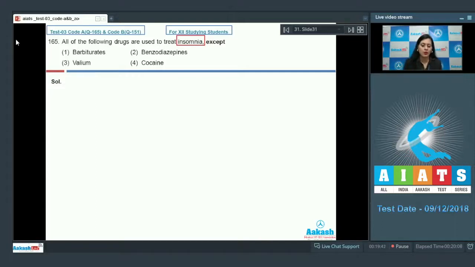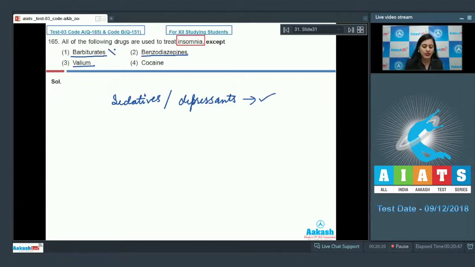And among the given options, barbiturates, benzodiazepines and Valium, these are the drugs which are used as sedatives or depressants, which will depress the brain activity and produce the feeling of calmness, relaxation, drowsiness and deep sleep. So they are used to treat this condition called insomnia. So these cannot be the correct answers because they are used to treat insomnia.